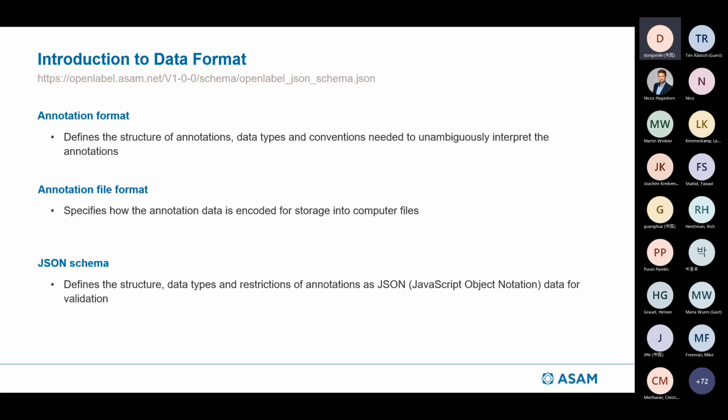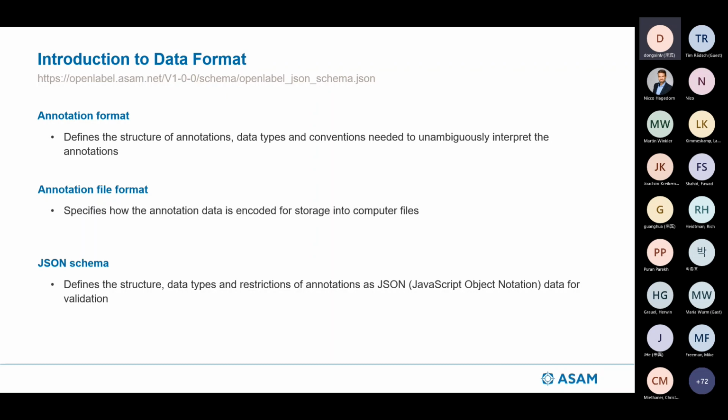For that purpose, we definitely need an annotation file format, which is simply a representation of these annotation data in the defined format so that it can be stored as computer files.